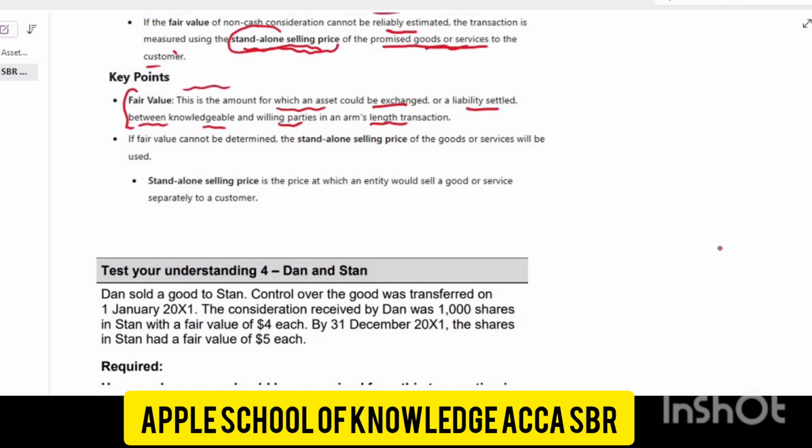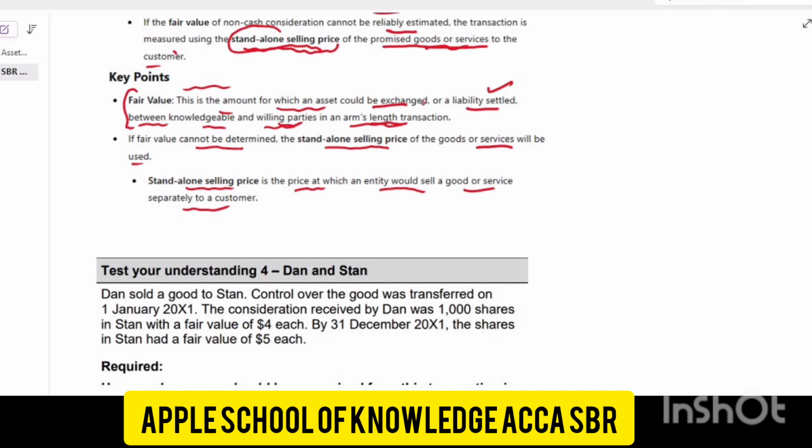So if the fair value cannot be determined, then the stand-alone selling prices of the goods or services will be used. By stand-alone selling price we mean the price at which the entity would sell the goods or services separately to the customer. Clear?